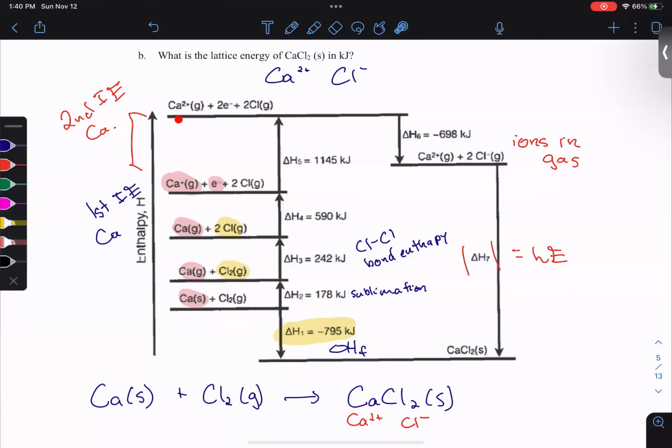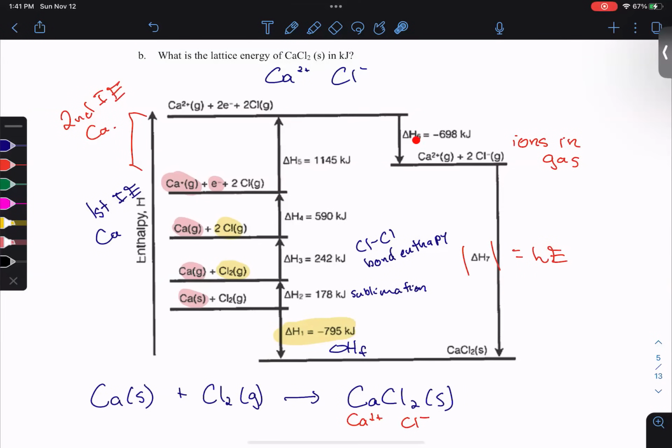We have calcium, which is the cation, but chlorine in this compound, is it a cation? No, it's not. So we're not going to use ionization energy. So what property are we going to use here instead for chlorine? Not ionization energy, but electron affinity, because electron affinity turns neutral atoms into anions, and that's what we want.